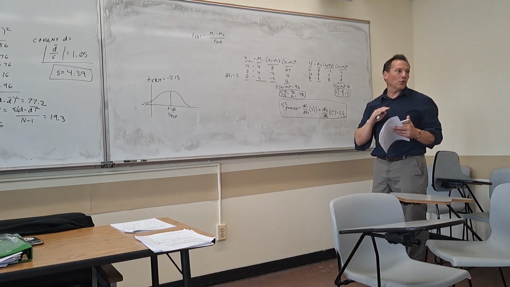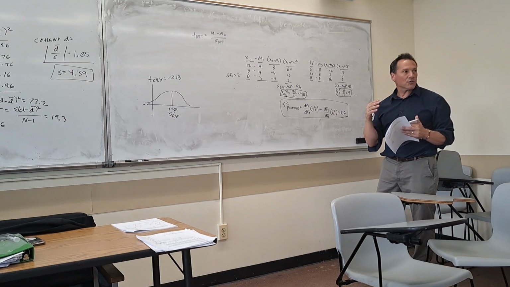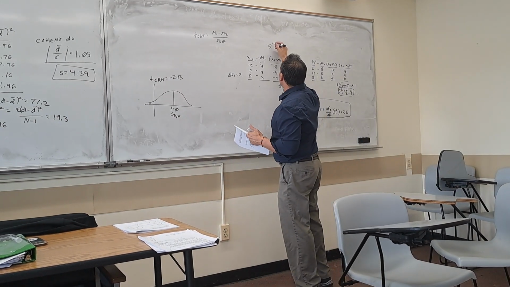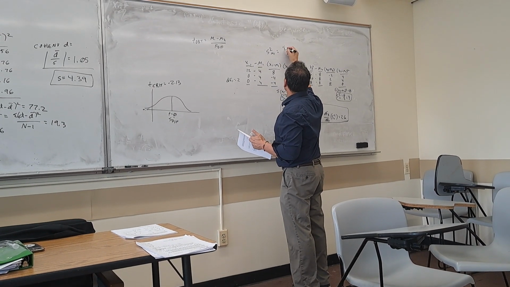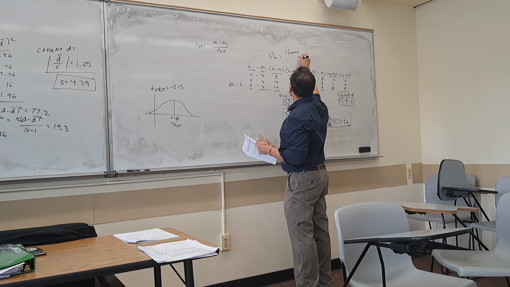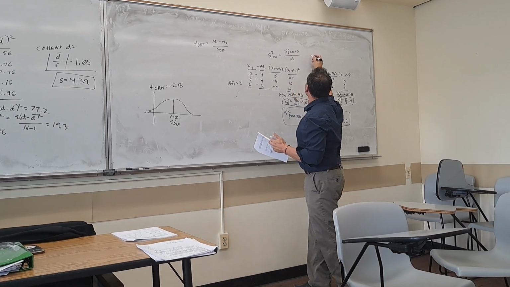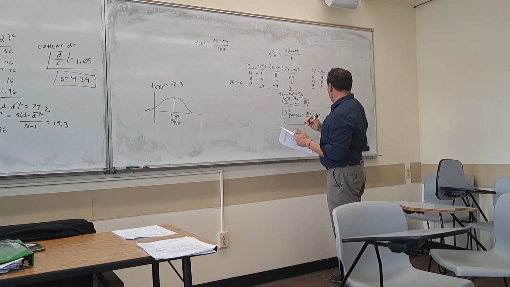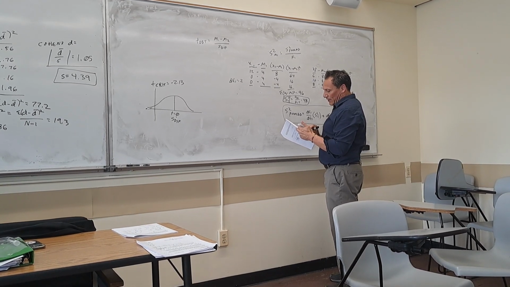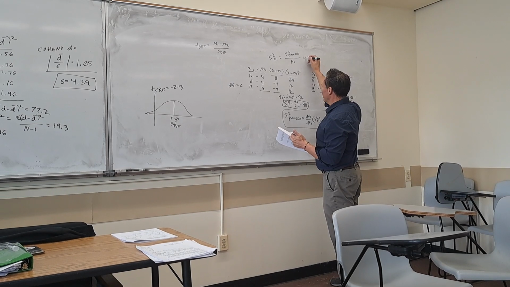S squared pooled is used for both S squared m sub 1 and S squared m sub 2. S squared m sub 1 equals S squared pooled divided by n1, which is 26 divided by 3, which is 8.67.